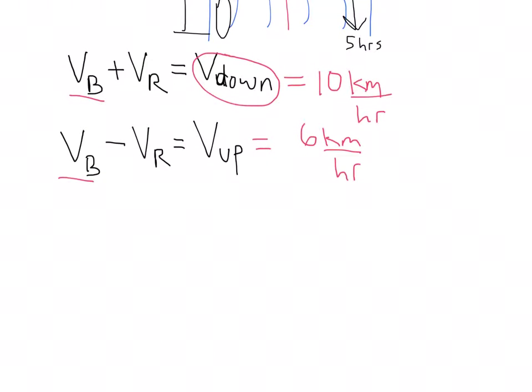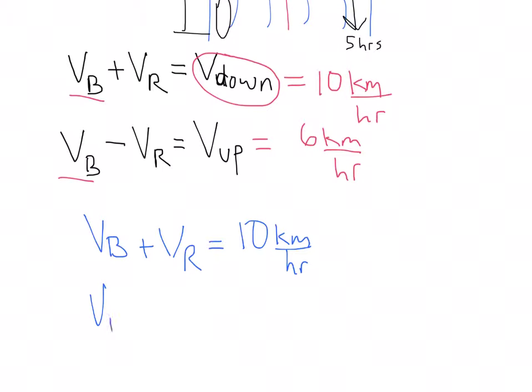So now here we go. Velocity of the boat plus velocity of the river equals 10 kilometers an hour. Velocity of the boat minus velocity of the river is equal to 6 kilometers per hour.